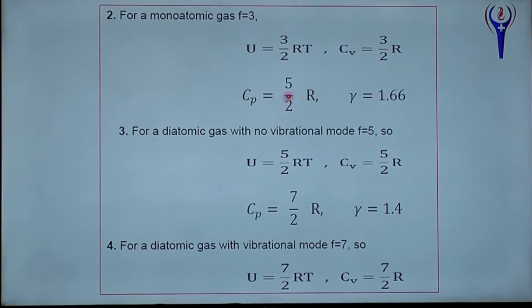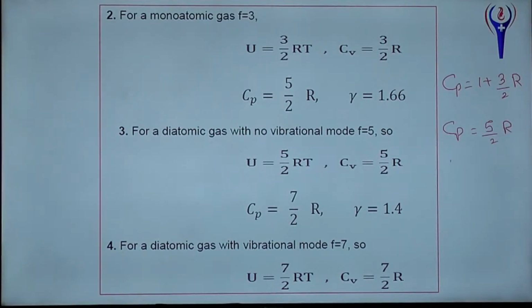Then Cp equal to R plus 3 by 2 R. So 2 plus 3, 5 by 2. Cp equal to 5 by 2 R. Then gamma equal to Cp by Cv.